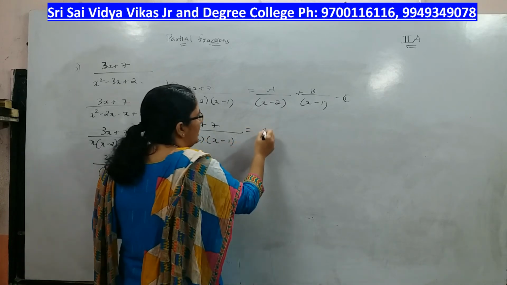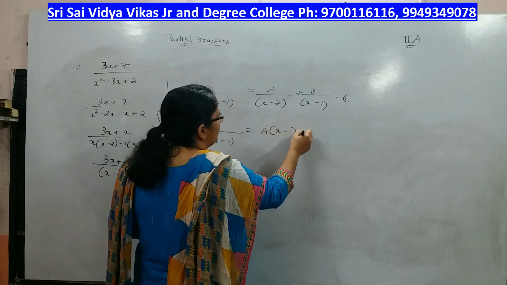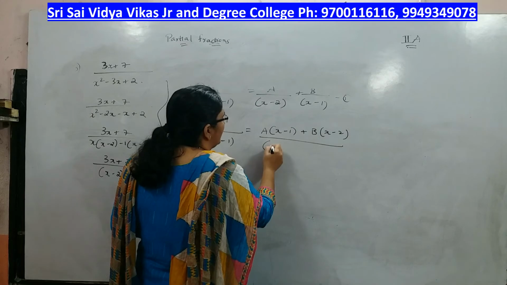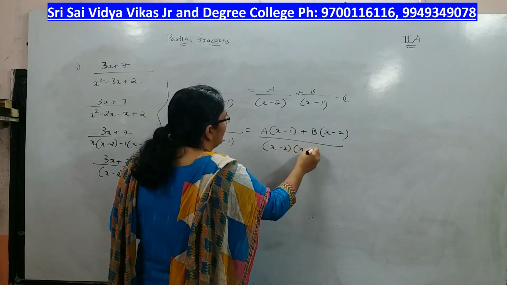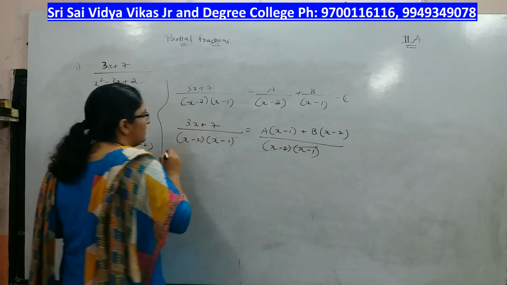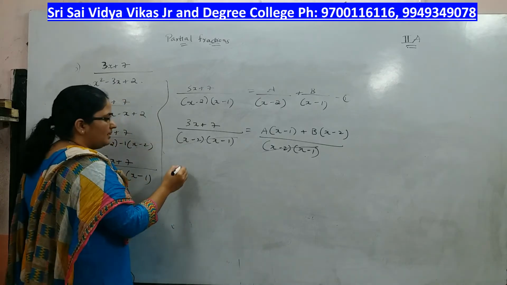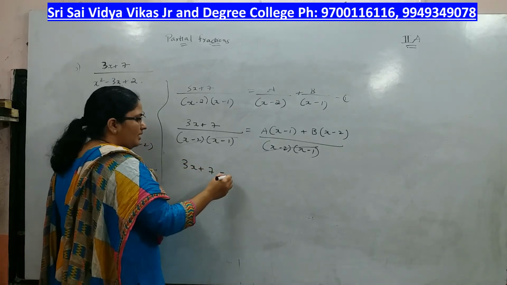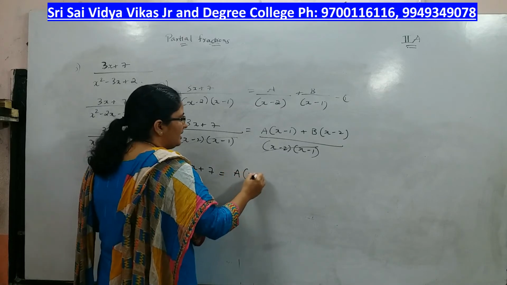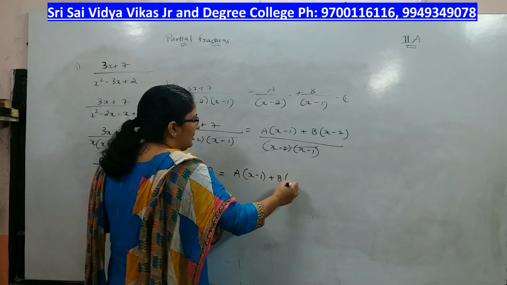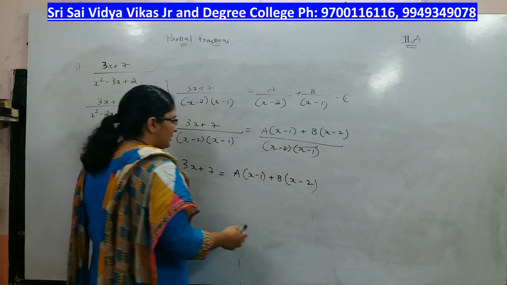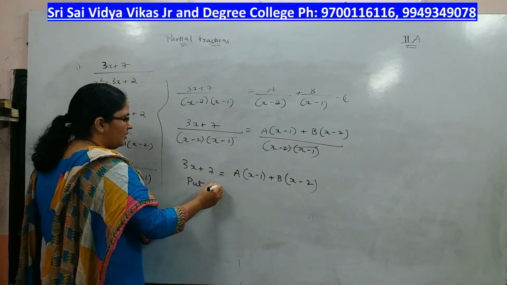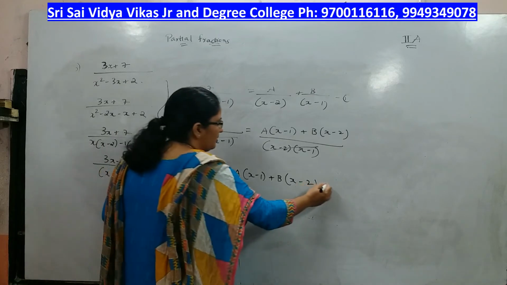Here you get a into LCM, x minus 1 plus b into x minus 2 by x minus 2 into x minus 1. X minus 2, x minus 1 cancel. We have 3x plus 7 is equal to a into x minus 1 plus b into x minus 2. Let us call this as 2.